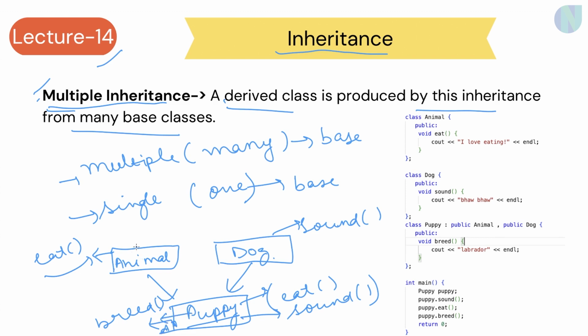So whenever there are multiple base classes, and a single derived class which is deriving its properties from multiple base classes, we can call it multiple inheritance.